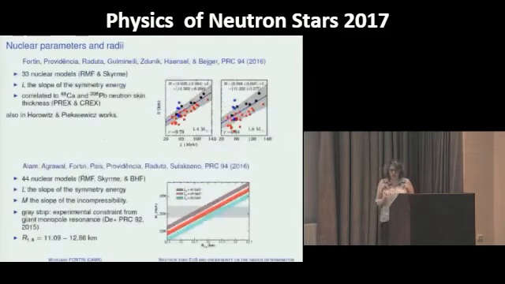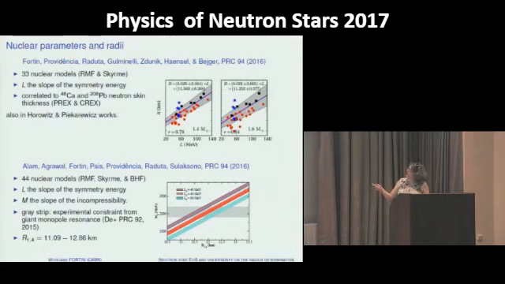And I will quickly mention also one way of potentially constraining the radius of neutron stars, by noticing that there are correlations between nuclear parameters and the radius of neutron stars. For example, between the slope of the symmetry energy and the radius. This was pointed out in these works.